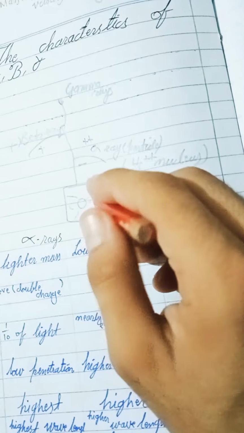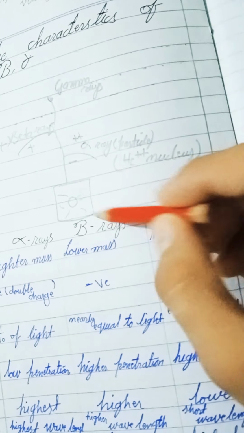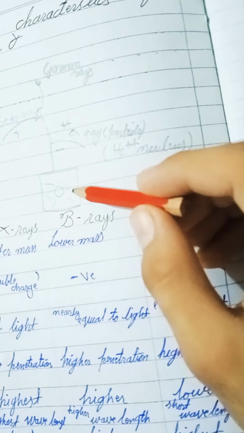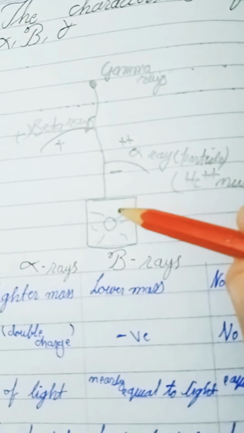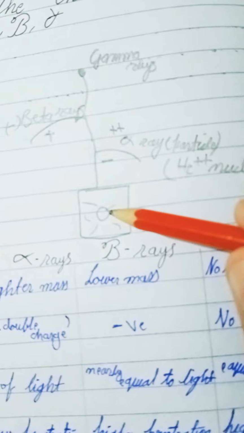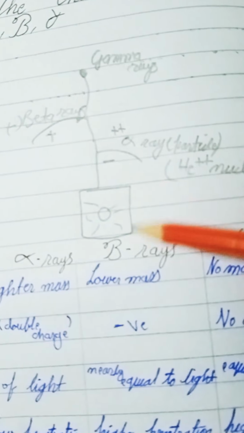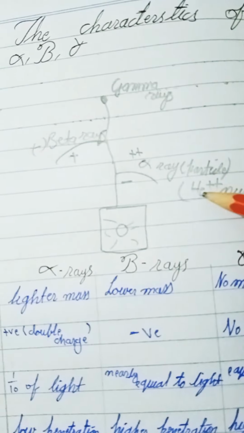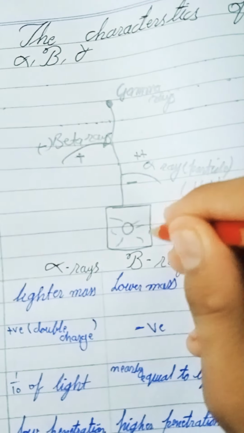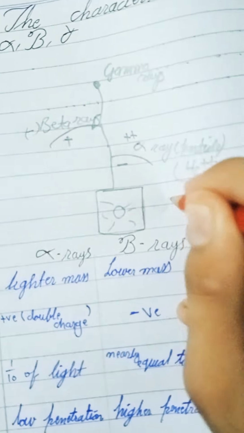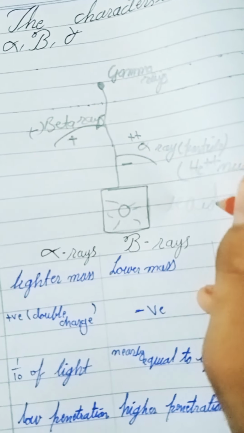As we know, this is a lead covering because they emit radiations. To stop the radioactive rays from moving outside, we are using lead here. Here is a coating known as lead, or Pb.